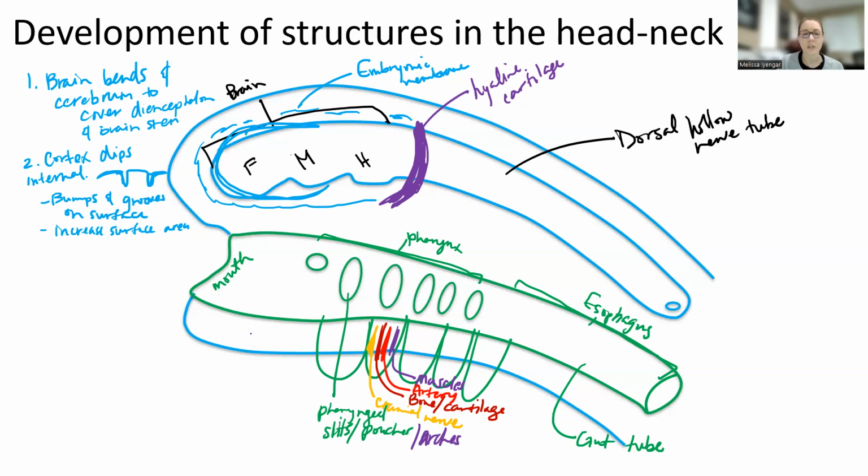But anyway, so you're going to have the mouth and you're going to have the pharynx. And then the other thing that is important here is that what we're going to see is that budding from the gut tube, anterior to the gut tube, you're going to start to have lung buds right here. And they're going to be pulled all the way down, creating the lungs that will be in the chest. But then we're going to see that these pharyngeal slits make some of the cartilage structures that actually become part of the airway as well.